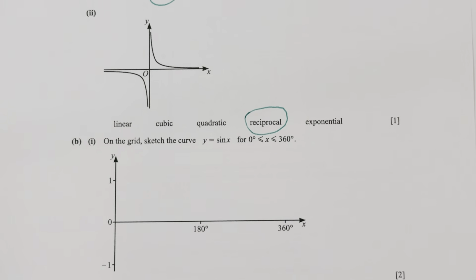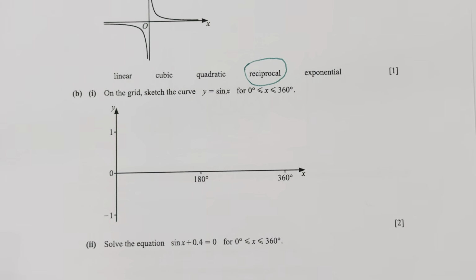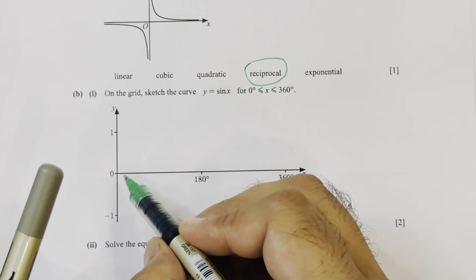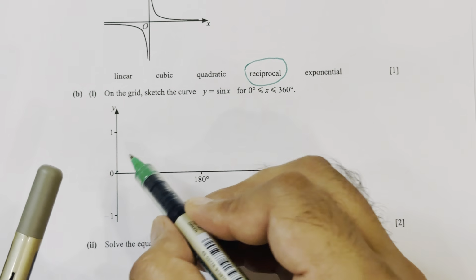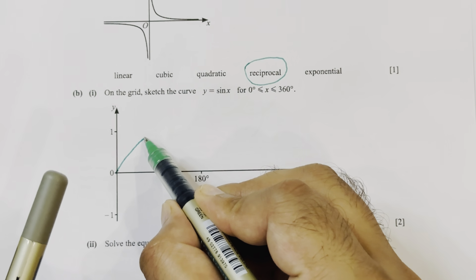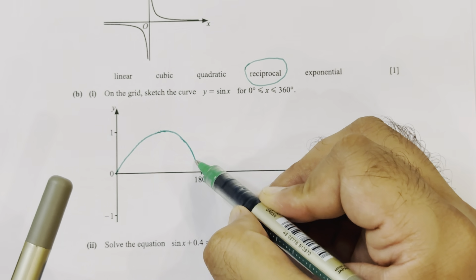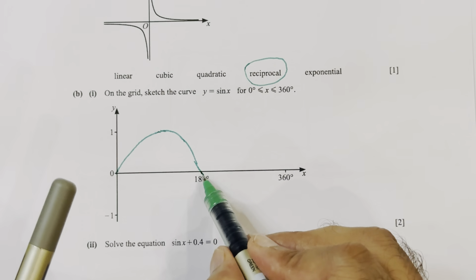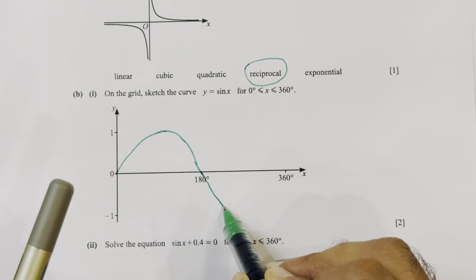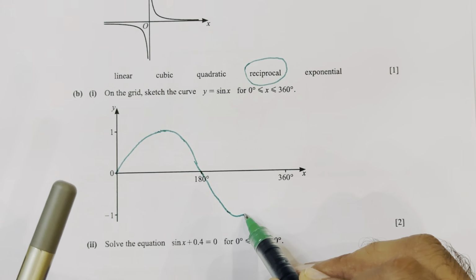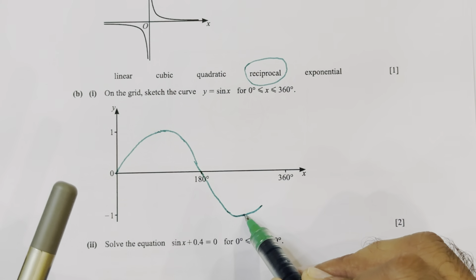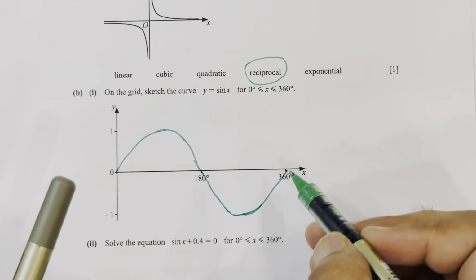Next part: on the grid, sketch the curve y is equal to sin x for 0 degrees to 180. So you need to sketch. We know that sin 0 has a value of 0 and sin 90 has a value of 1, and again sin 180 has the value of 0, again 270 has the value of minus 1. So you're gonna make the graph like that.